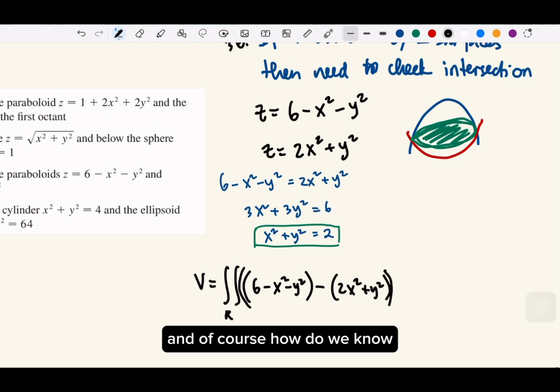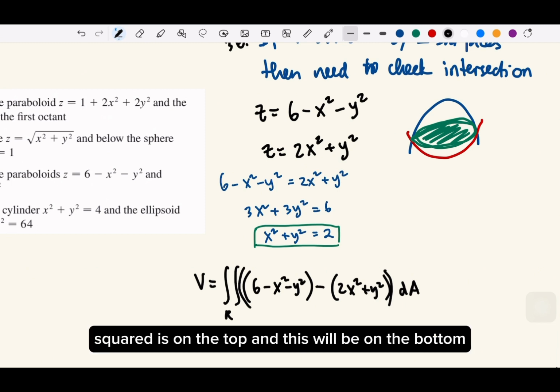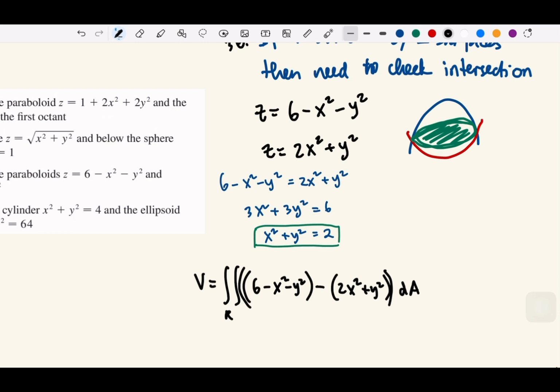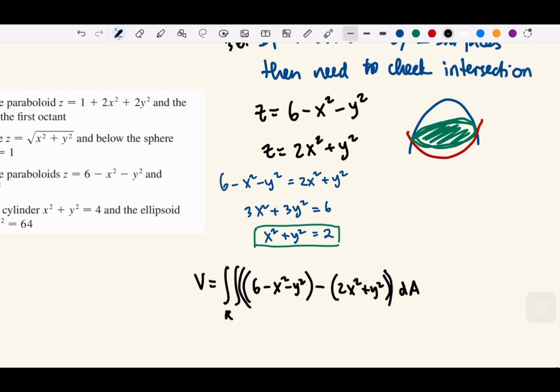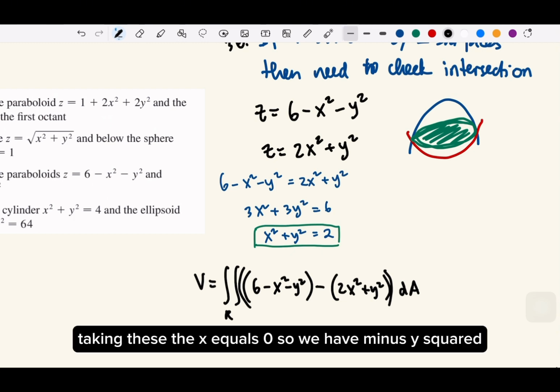And of course, how do we know that 6 minus x squared minus y squared is on the top, and this will be on the bottom? That requires knowledge from the quadratic surfaces. Or you can trace one by one, taking x equals 0, so we have minus y squared.